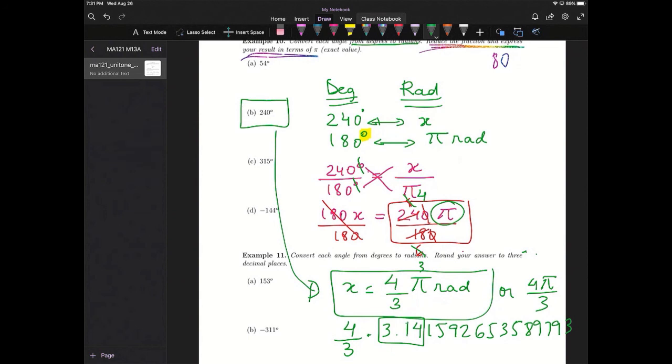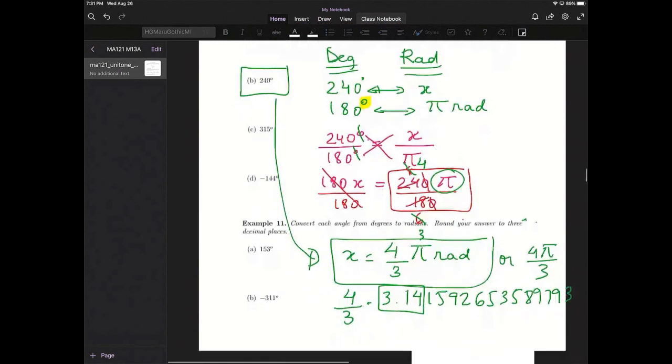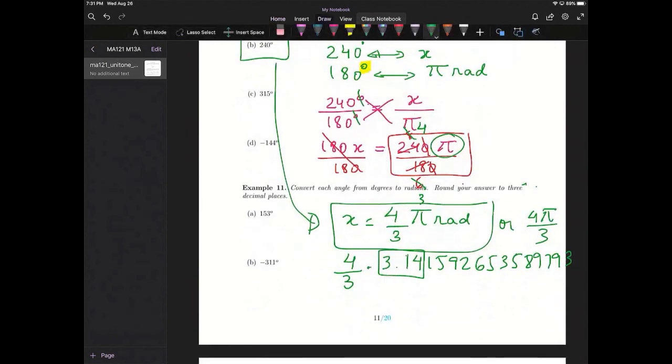But do not round in the beginning, you round in the final stage of the computations, okay? So this answer should be approximately, my calculator says, 4.188790204. I'm not going to put everything, but let's say the system says, hey, round to 3 decimal places, meaning this is the place I want to round to, but I need to look at what's the next one.